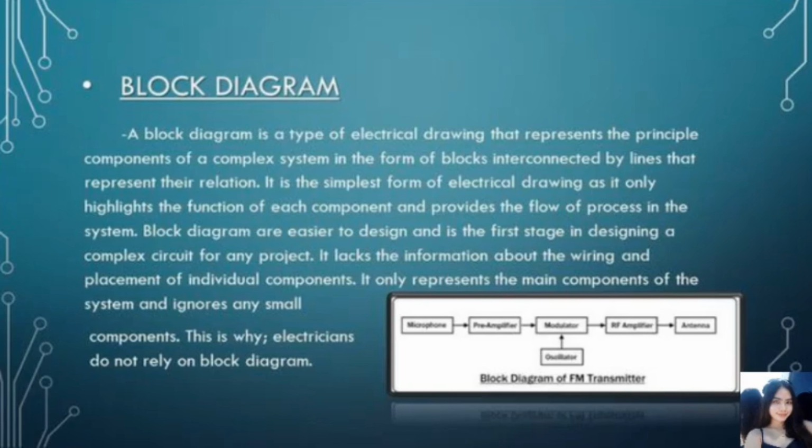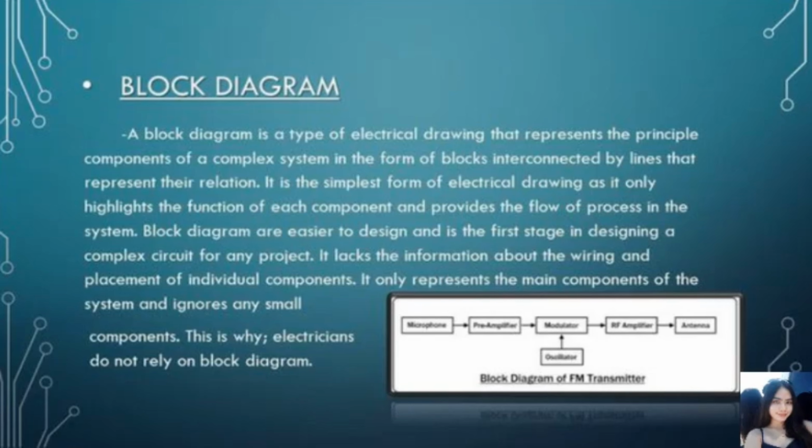So, a block diagram is a type of electrical drawing that depicts the main components of a complex system as blocks connected by lines that show their relationship. It is the most basic type of electrical drawing because it only highlights the function of each component and provides the system's process flow.